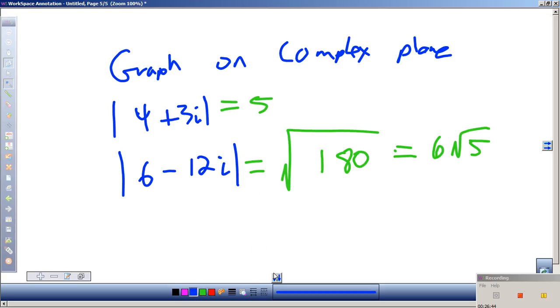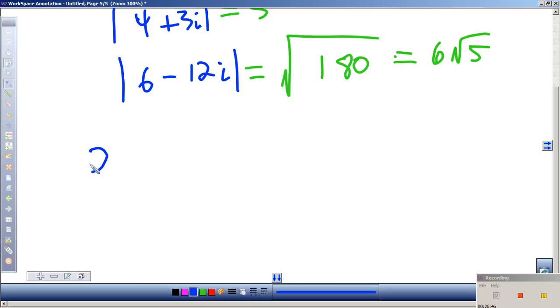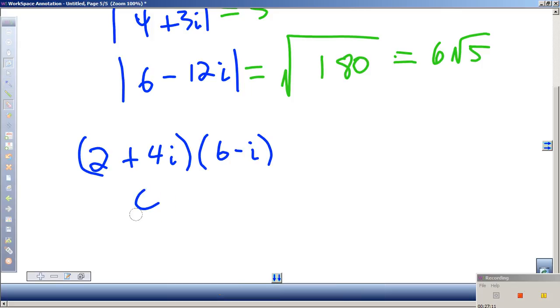I may ask something like this. Given you have 2 plus 4i times 6 minus i, change it to trigonometric form, and then multiply it in trig form. So what would you have to do?